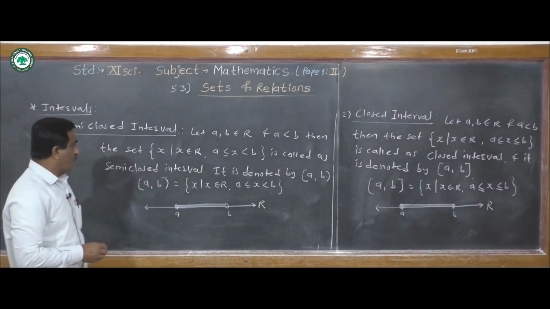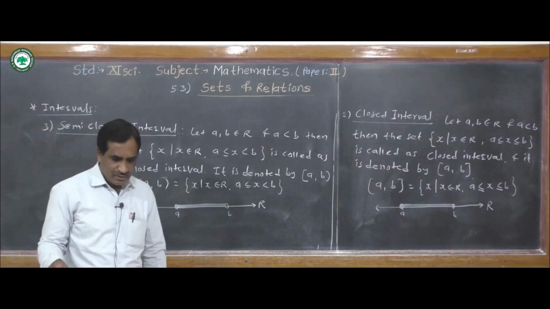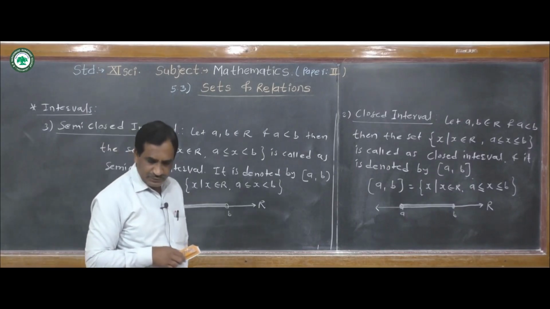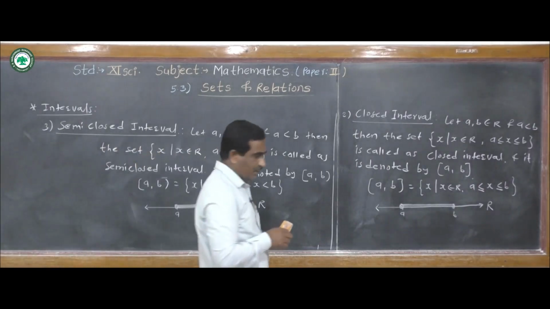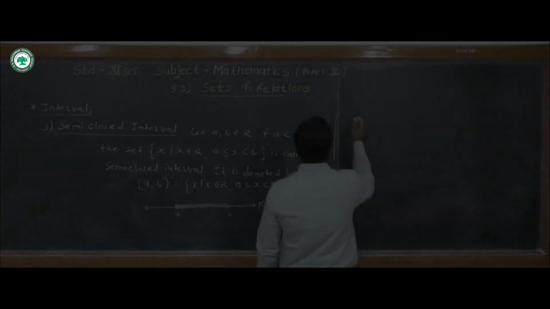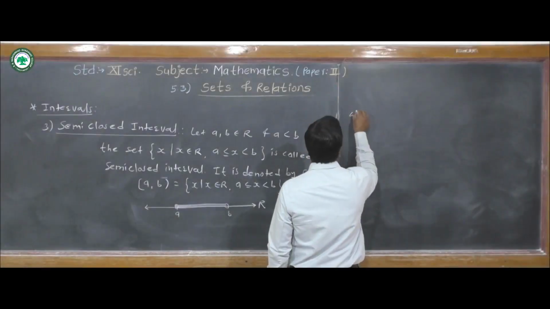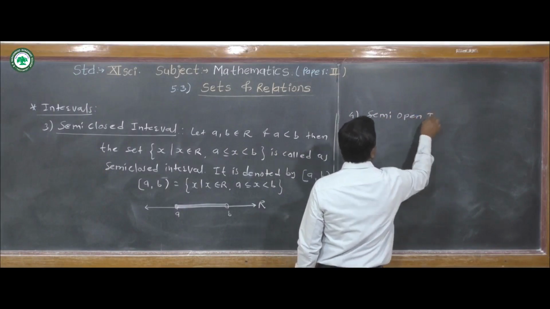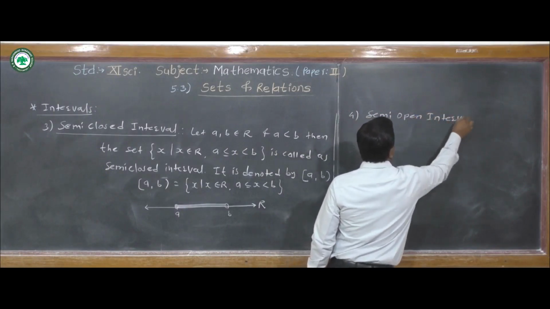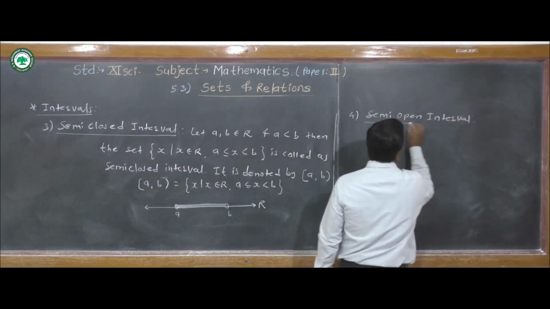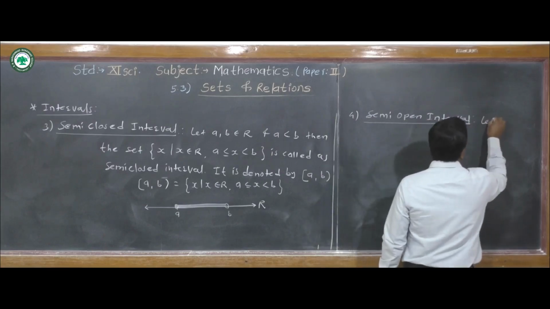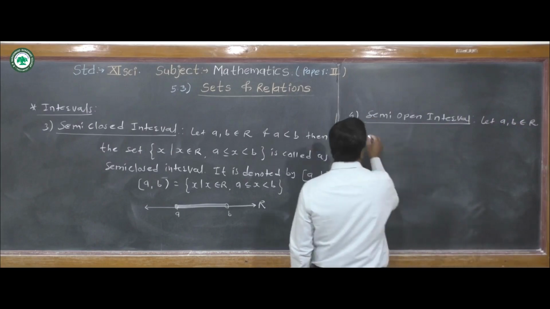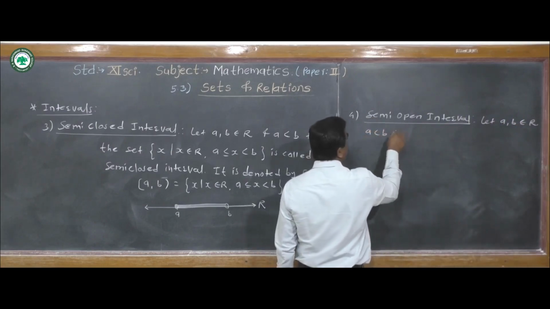Now the next interval is the semi-open interval, number 4. Here also let a, b belong to R, with a less than b.